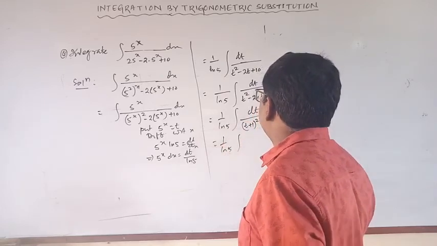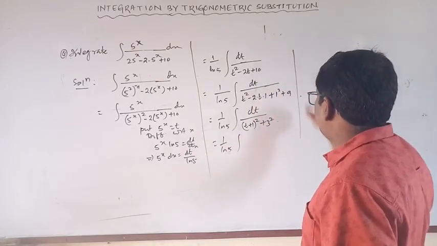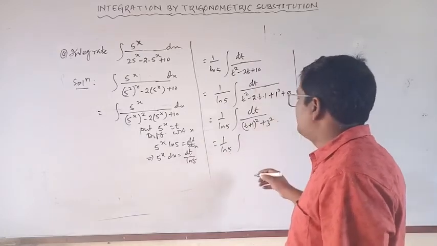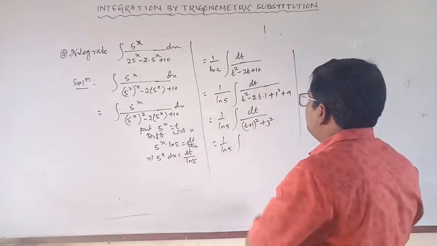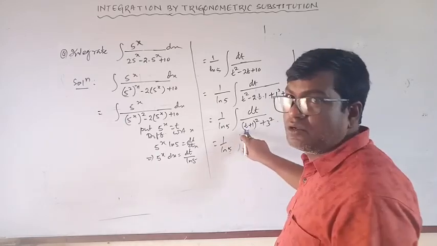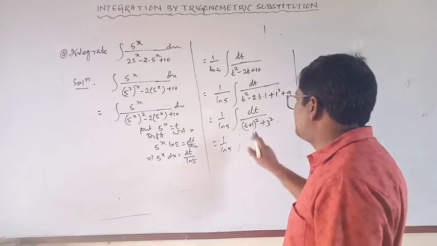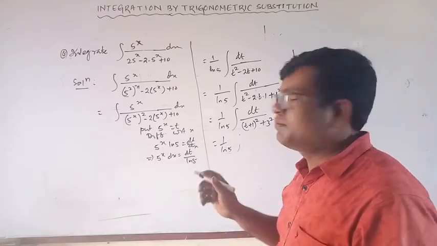This is of the form x squared plus a squared. Since the coefficient of t is equal to 1, there is no change in the formula, so use the formula for x squared plus a squared.